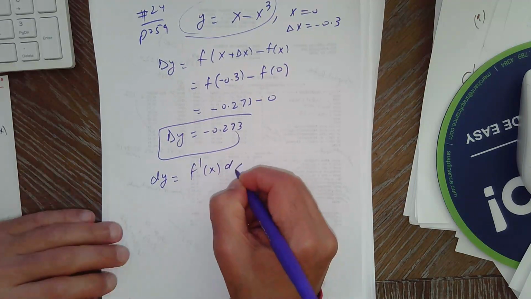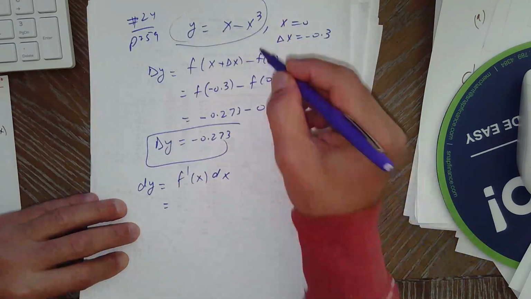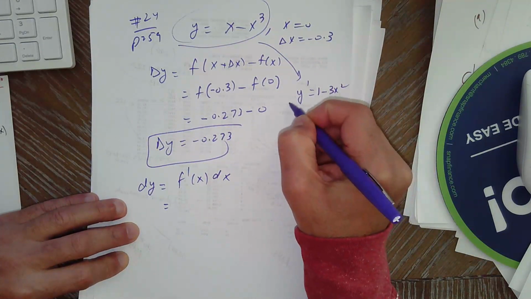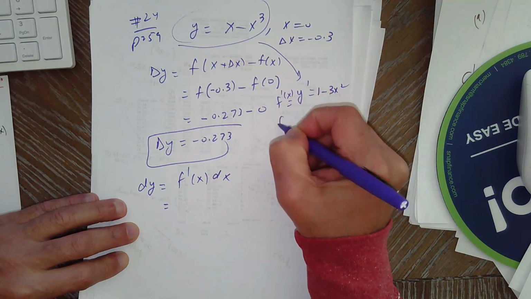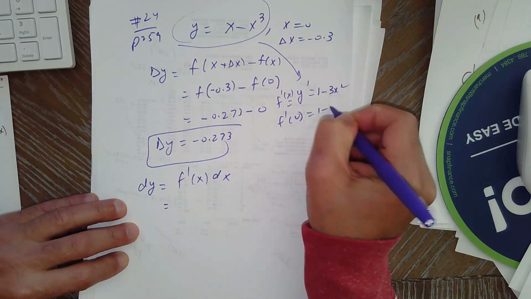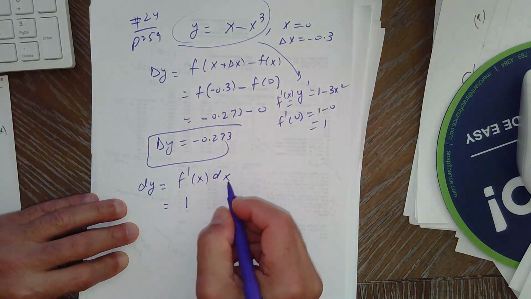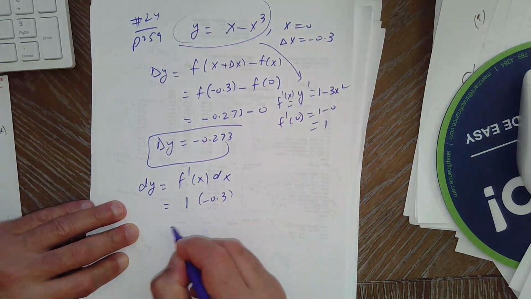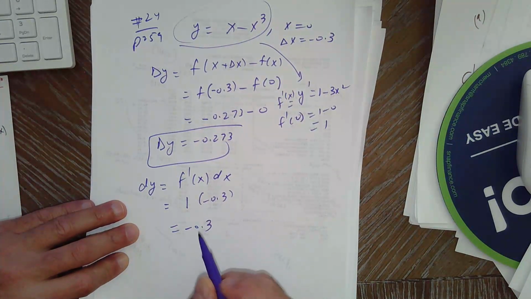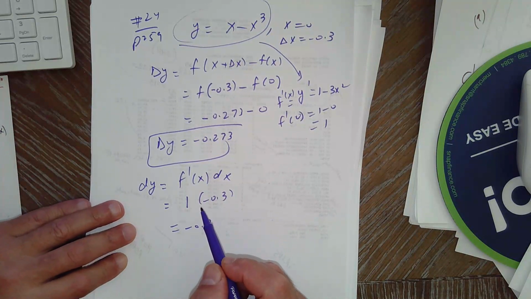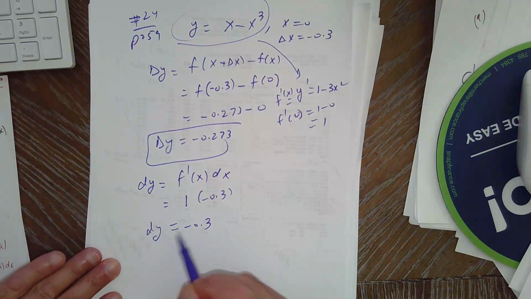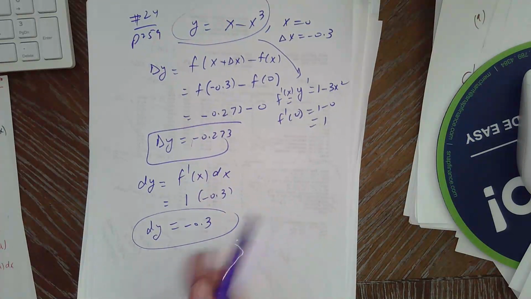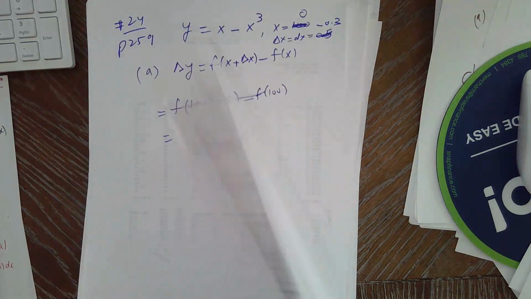So the derivative is 1 minus 3x squared. We're going to do f prime at 0. It's 1 minus 0, which is 1. And then dx, which is delta x, which is negative 0.3. Okay. So we found dy and we found delta y. They're not too close, but they're close enough. 34.